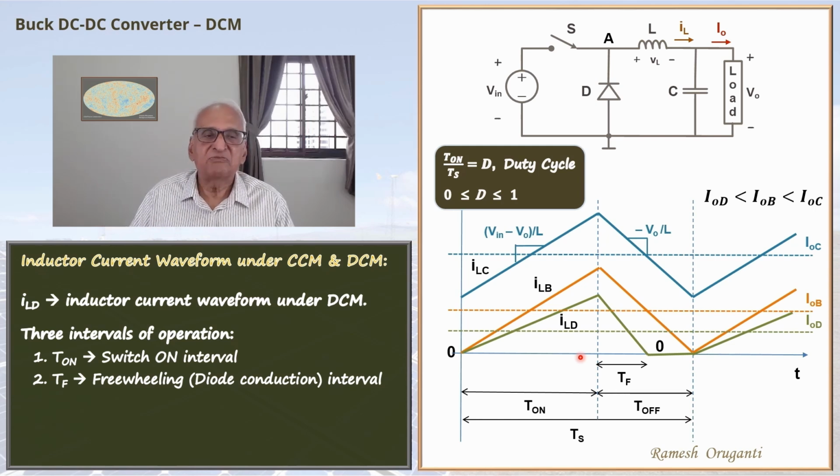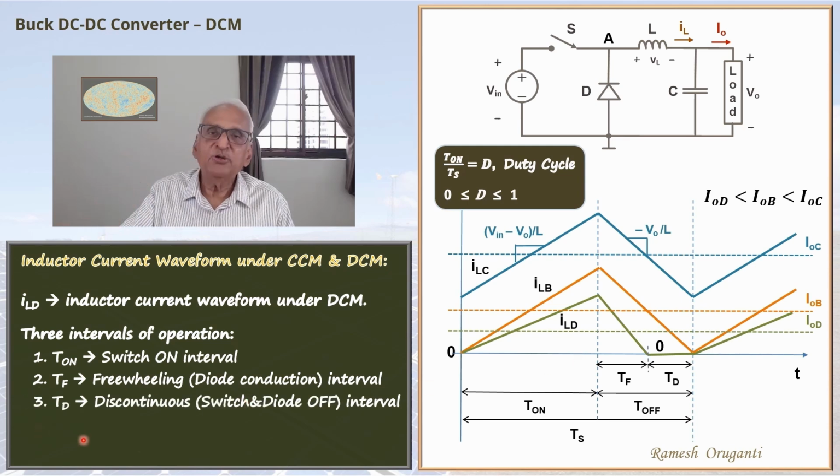The third interval is the TD interval, when the diode is off and the switch is off, so neither of the devices is conducting.